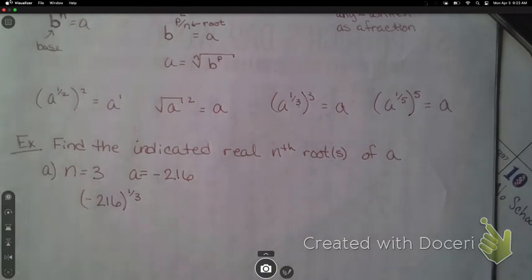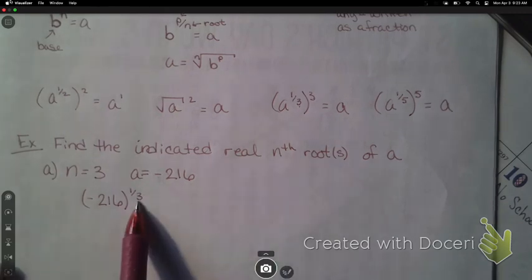Now 216 is a number you should know. But if you don't, we just got to break it down, right? Nope, 13 squared is 169. So we're looking for what root? 3.